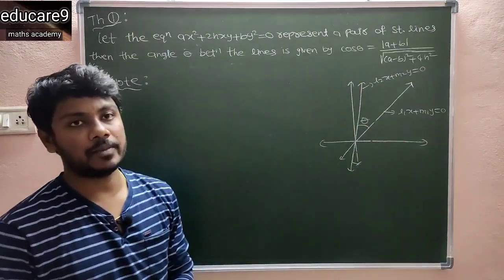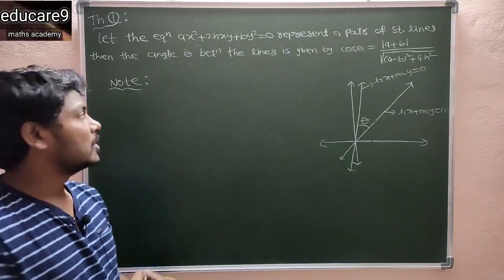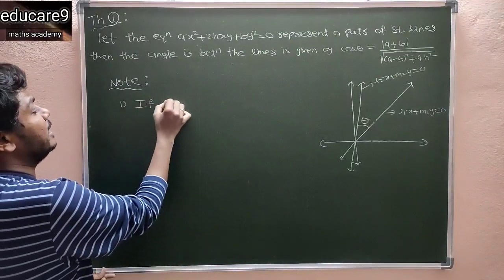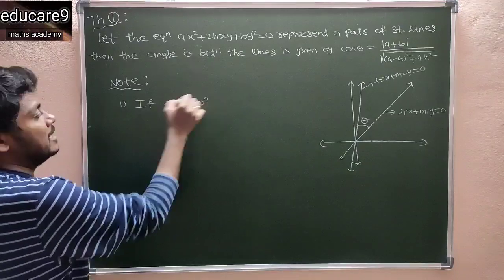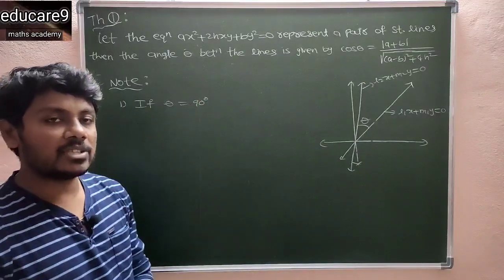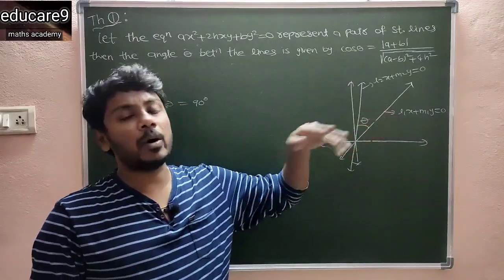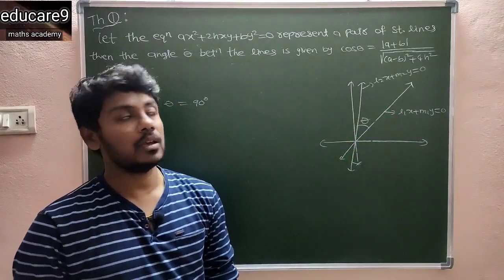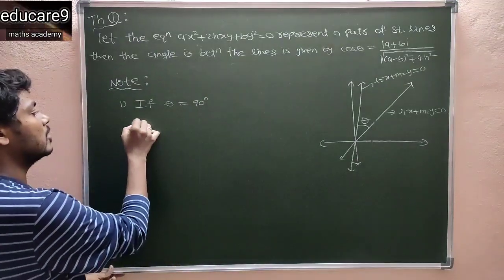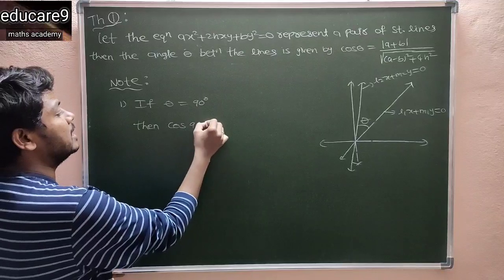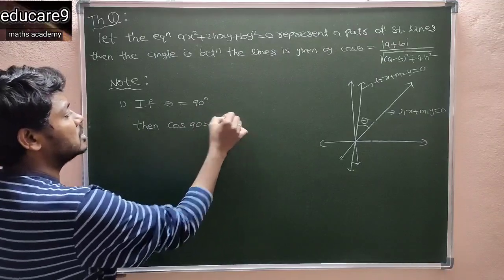This formula. For example, the first one: if theta equals 90 degrees, it means these two lines are perpendicular. Then cos 90 is equal to 0 only.